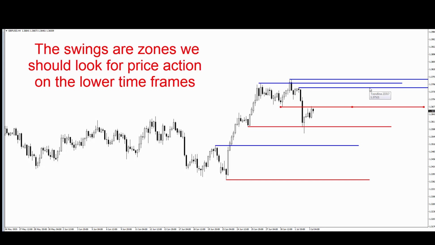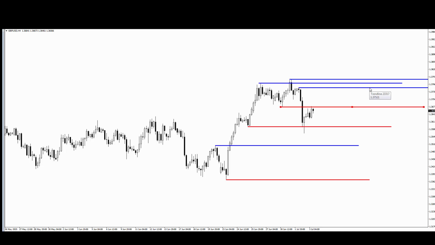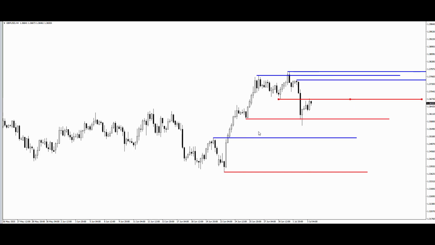So once we've got them marked, the rules are quite simple, and I'm going to go into that in the next section. What you're looking for is a sweep of a previous swing, and you can see that we got this sweep of this swing just here. So what do I mean by a sweep? Well, a sweep's quite simple.